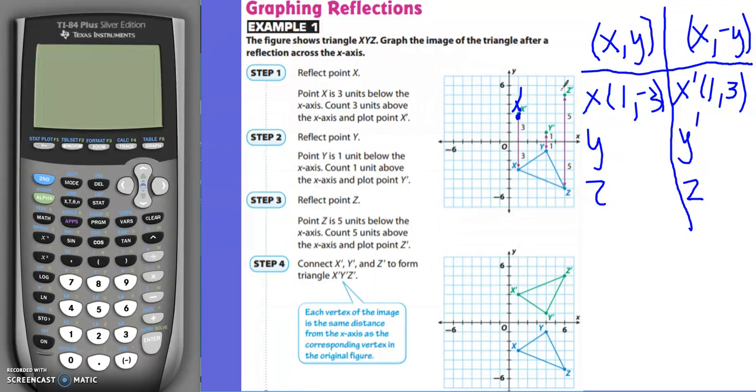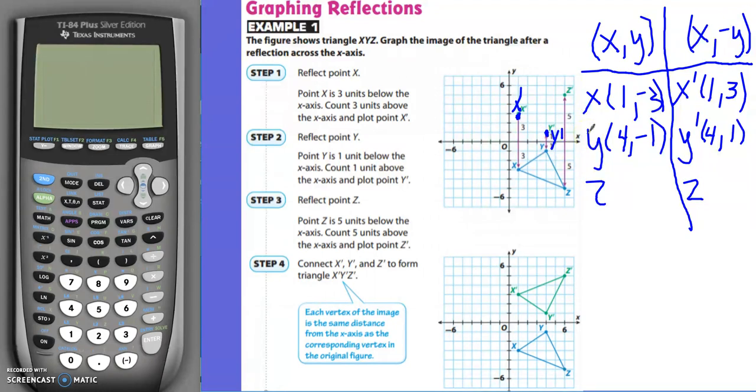Okay, we look at Y. Y is the ordered pair 4, -1, because it goes over 1, 2, 3, 4, down 1. So we keep the X the same, so 4 is going to stay the same. The opposite of -1 is 1. So we go over 4, up 1, and we call this Y prime.